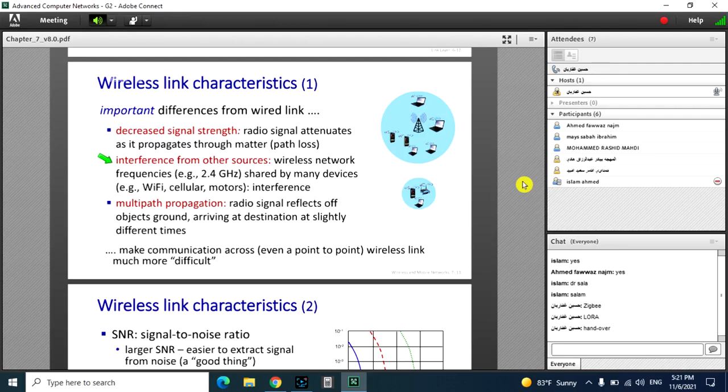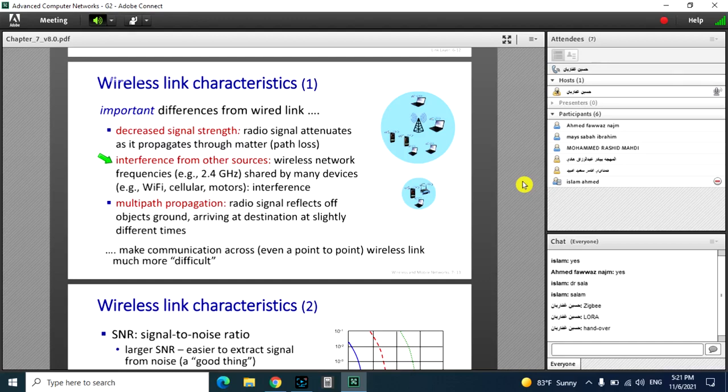Okay, and as I know, there are several other devices using these channels. There are too many devices using these channels, so simply they interfere with each other.